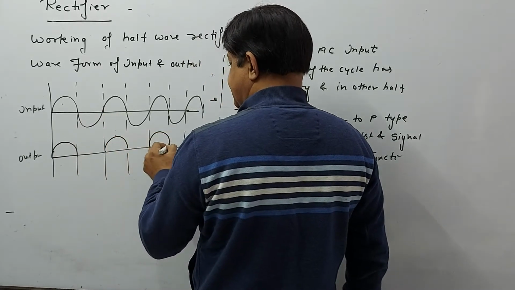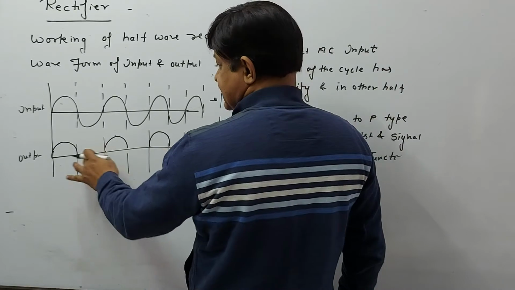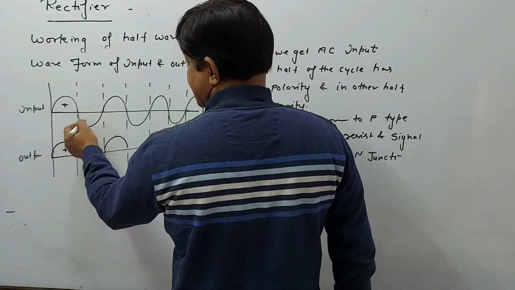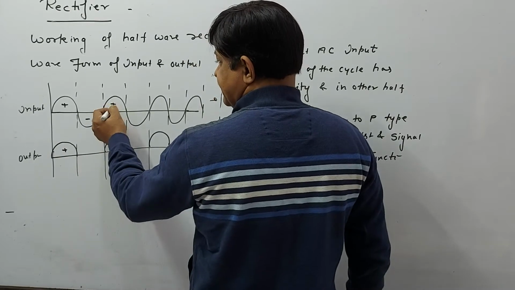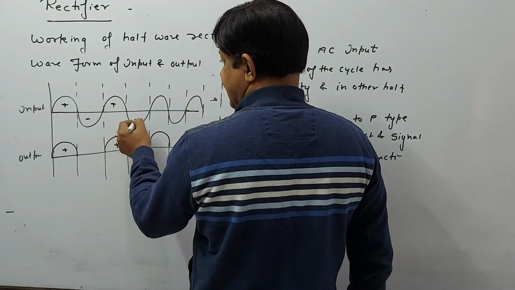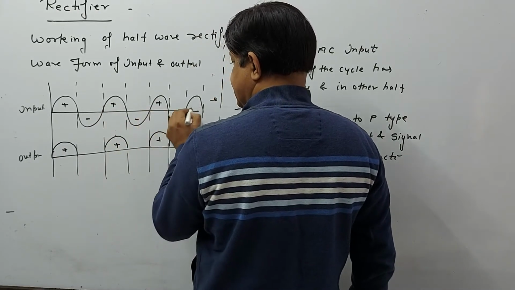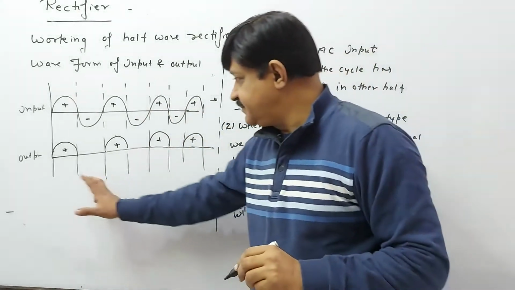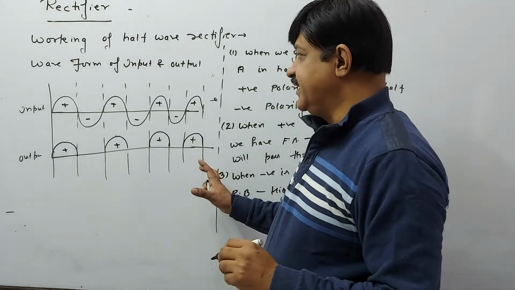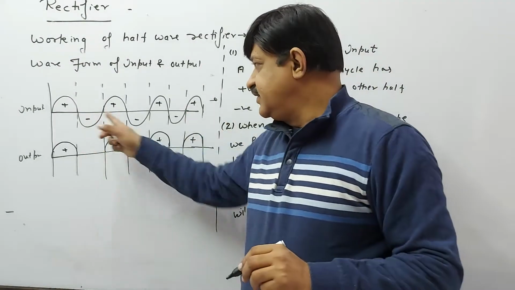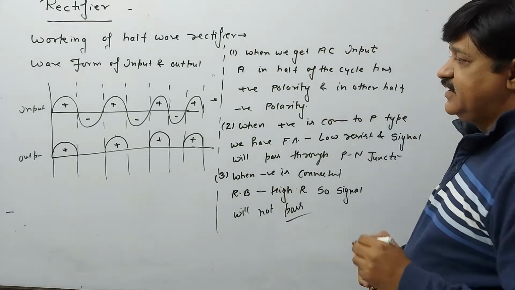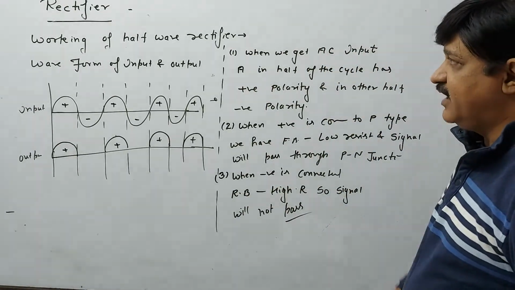Negative, not pass. This is how you will get the output. Whenever it is positive, signal will pass. When it is negative, signal will not pass. So in half of the wave, we get the rectification. In the other half, this part has been rectified. Rectified means eliminated. So this is how you will get the waveform of a half wave rectifier.